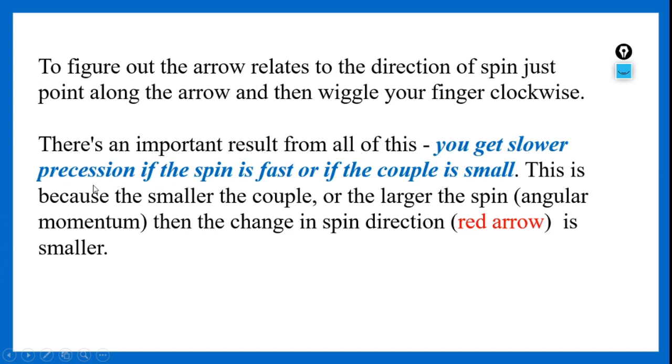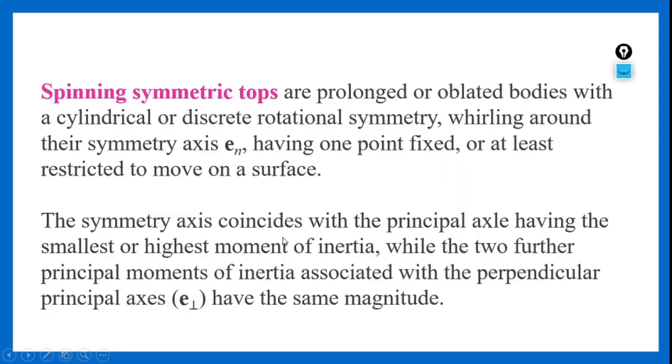There is an important result from all of this. You get slower precession if the spin is fast or if the couple is small. This is because the smaller the couple or the larger the spin angular momentum, the smaller the change in spin direction. So spinning symmetric tops are prolate or oblate bodies with a cylindrical or discrete rotational symmetry whirling around their symmetry axis, having one point fixed or at least restricted to move on a surface.